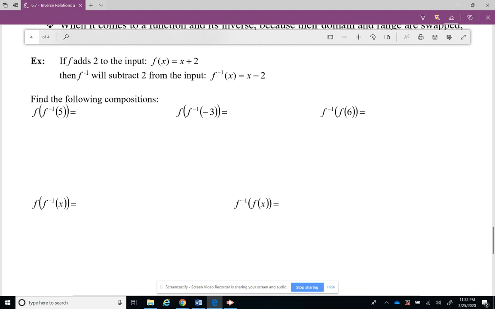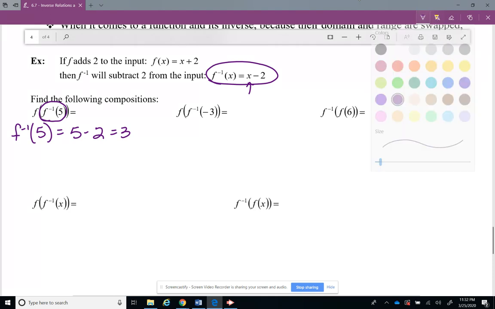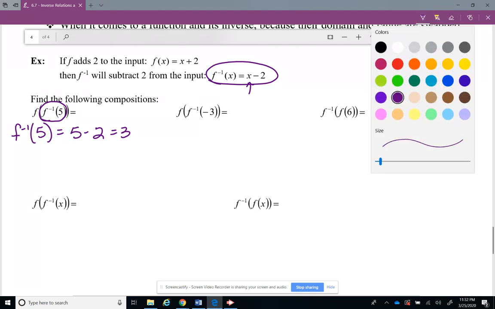Compositions is not really multiplying, adding, dividing, subtracting, all that. It's more substitution, okay? So when you're looking at compositions, and this says f of negative 1 is 5, you come up here and you find the inverse, f inverse. So the inverse of f, I want you to substitute 5 in it. So you put 5 where the x is. So that's 5 minus 2. So we get 3.